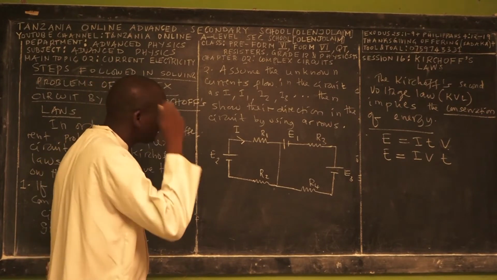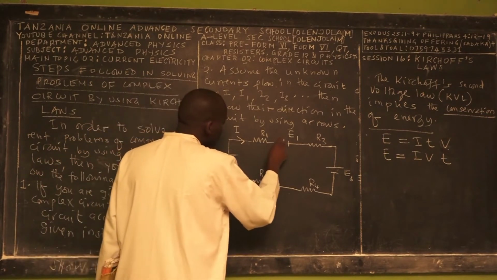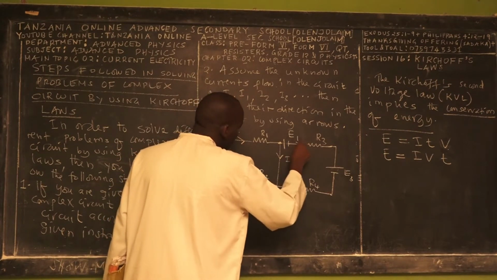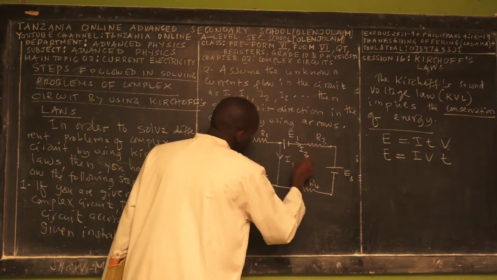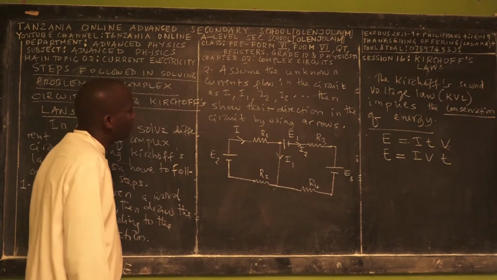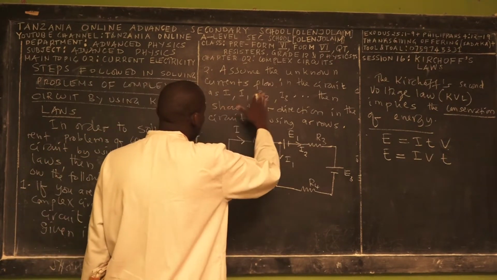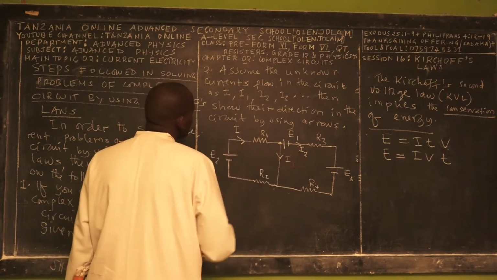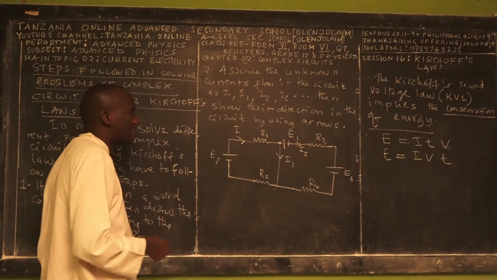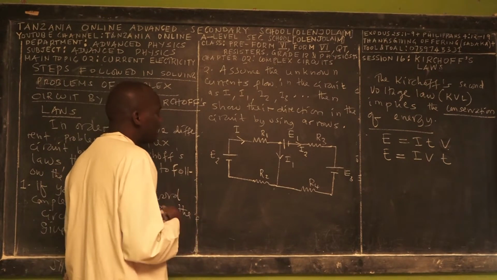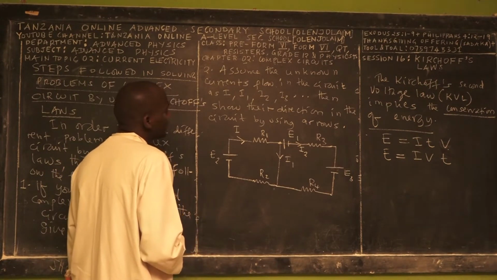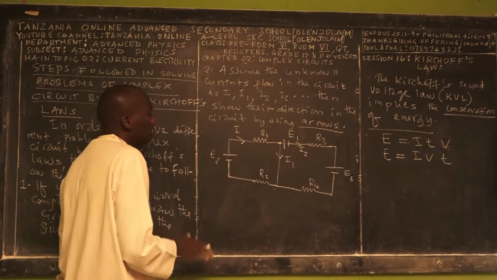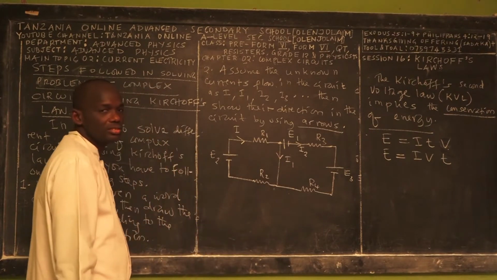Then I say that this is a junction. So for the divisions of current, I could say that this is I1 and here it's I2. So the steps state that assume the unknown currents flow in the circuit as I1, I2, I3, etc. Then show the direction in the circuit by using arrows. Don't only assume, but show direction of currents.